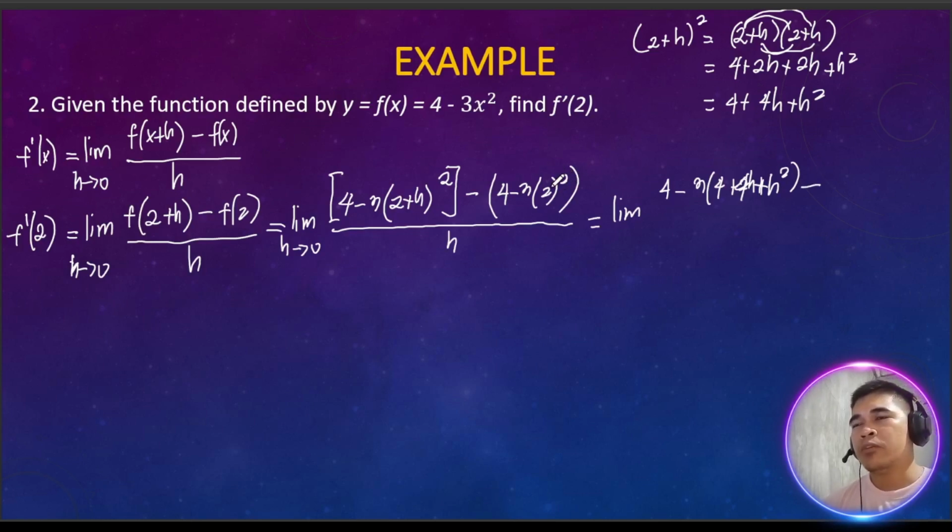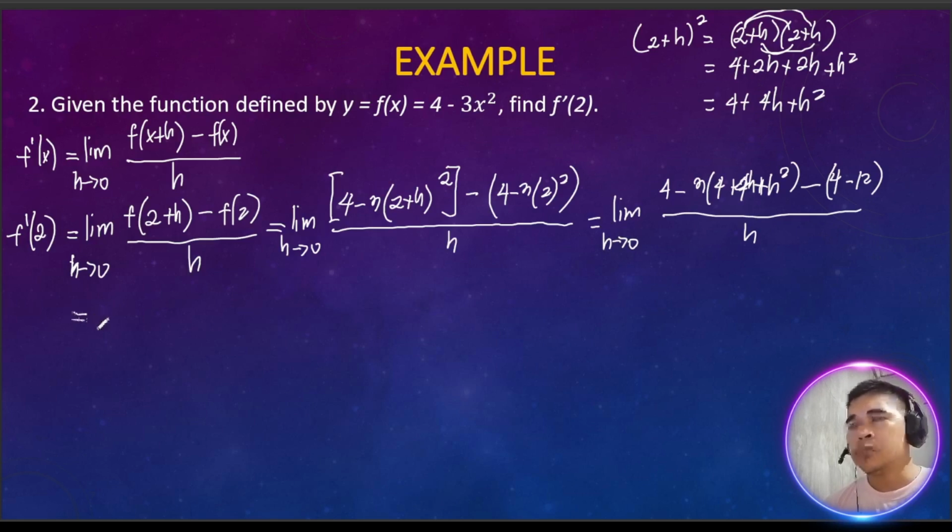So we got the square of 2 is 4. 4 times 3, so we got negative 12. So 4 minus 12, all over h as h approaches 0.